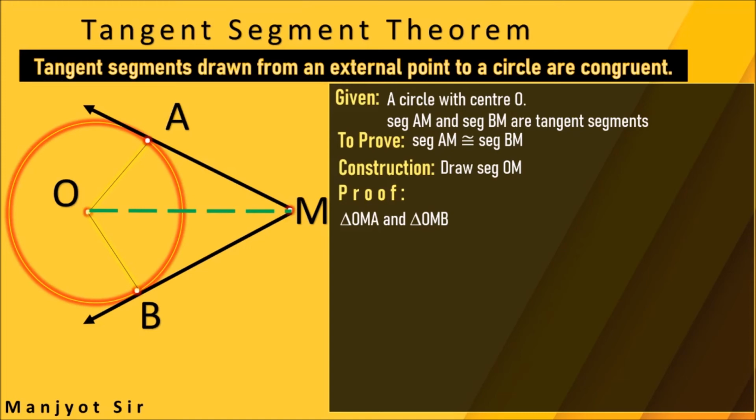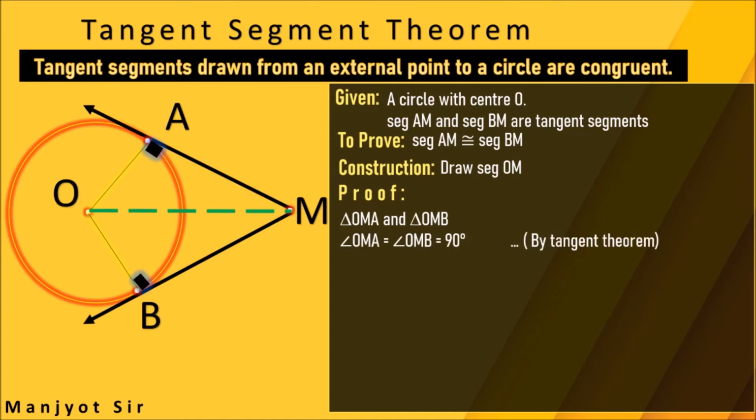Again we have radius OB and tangent BM. That means here also this radius OB is perpendicular to tangent BM. So these two angles will be 90 degrees because these two radii are perpendicular to these two tangents by the tangent theorem. I hope everyone is clear how we got those two right angles. Let's write this: angle OAM and angle OBM are 90 degrees by the tangent theorem.